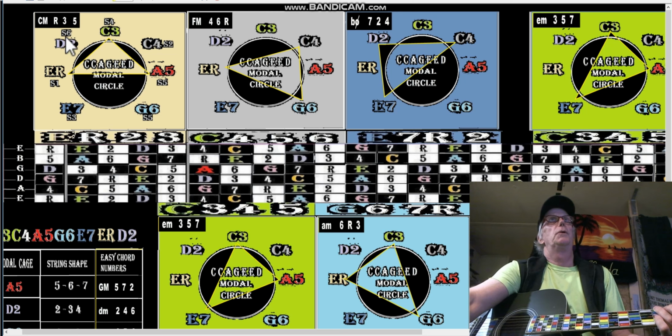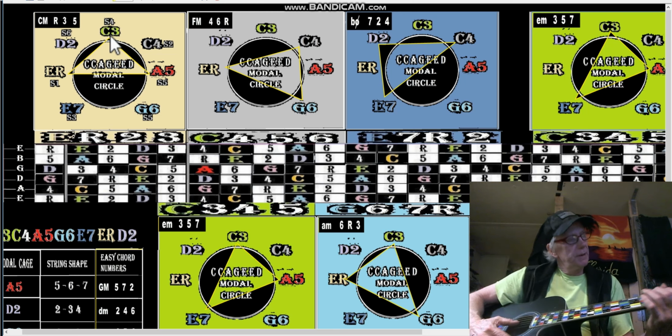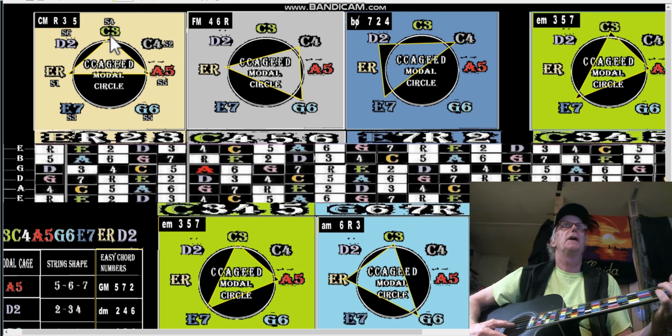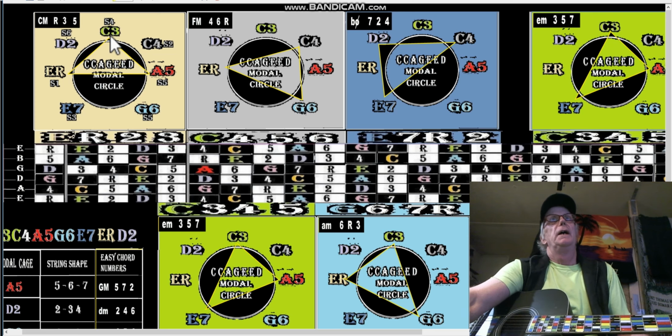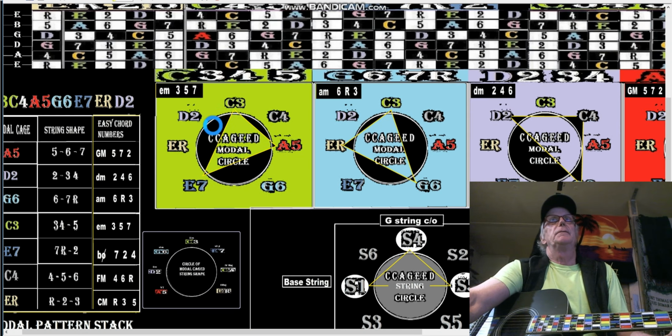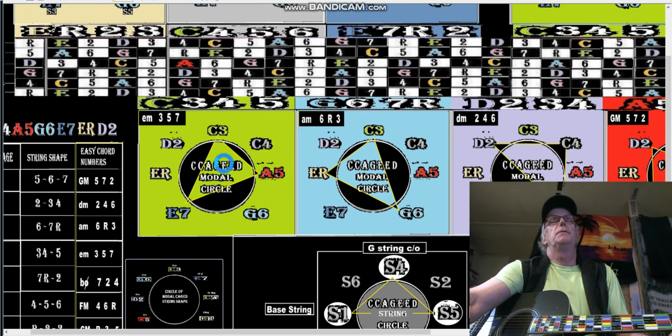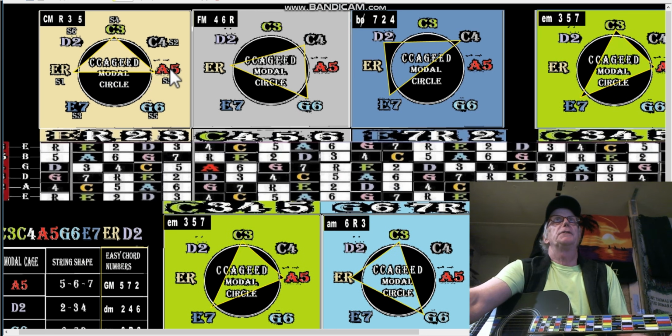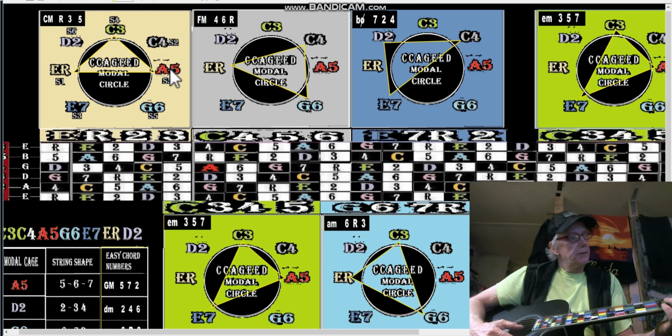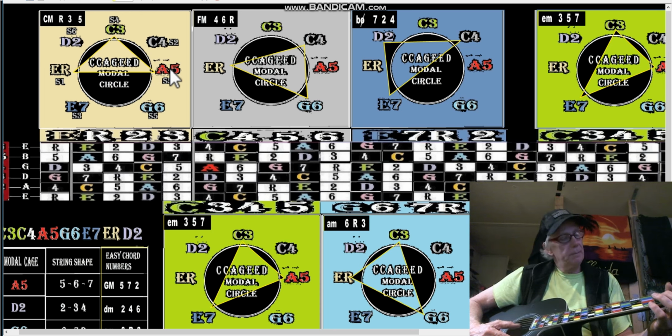The S4 would be up here at C3. But we'd have the cutout, so we just have the beginning of that string shape, and then accordingly skip another one to the S5. We'd have the A string shape there. Now that's the pattern in string shape.